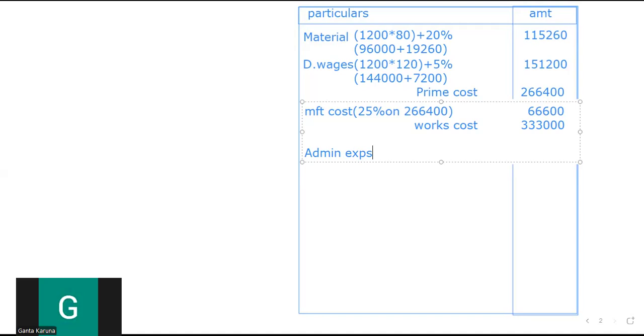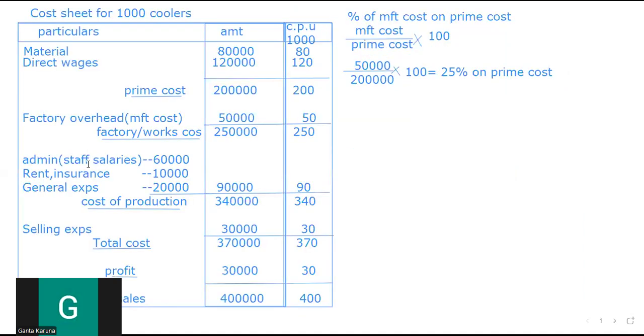But for other expenses, we are left with management staff salaries, rent, insurance, and general expenses. Those three will be unchanged. He didn't say about cost per unit. He said unchanged, which means as it is. We had admin 60, rent 10, general expenses 20.